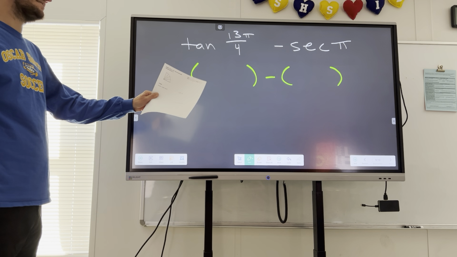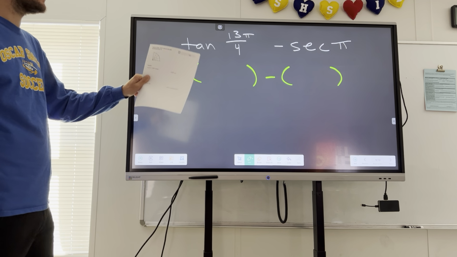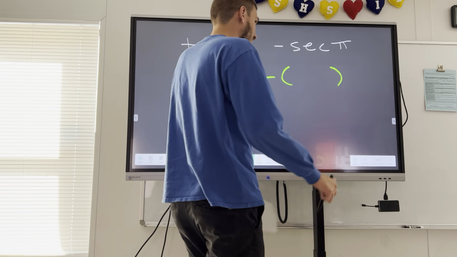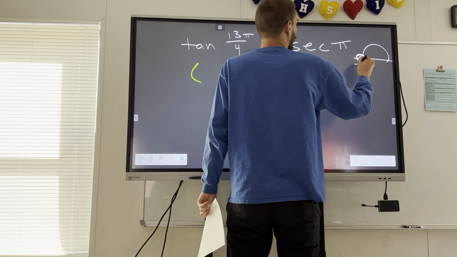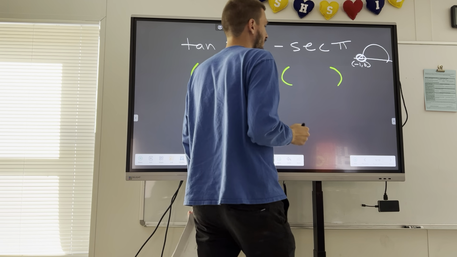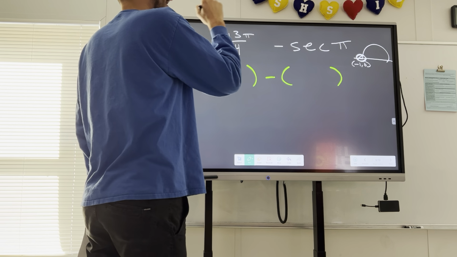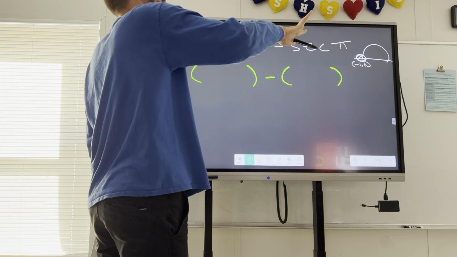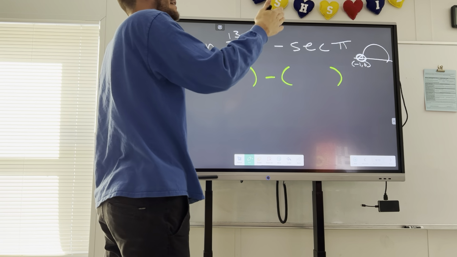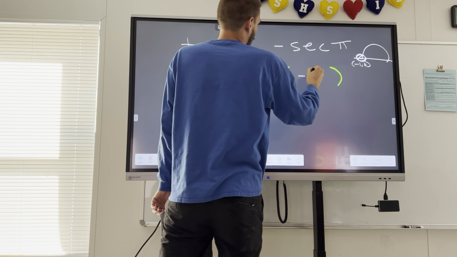The secant of pi is a quadrantal. Pi is the one all the way over here, which is at -1, 0. And the secant is the cosine x upside down. So it's the -1 upside down, which is still -1.